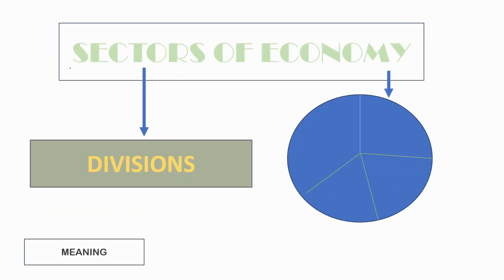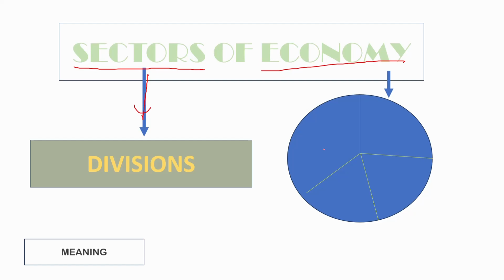Now, next is sectors of economy. What is the meaning of sectors? Sectors means divisions. We are dividing the economy. When we make divisions of the economy, that is known as sectors of economy. Economy means an area where people are working and earning a source of living. That working area is divided into different sectors.